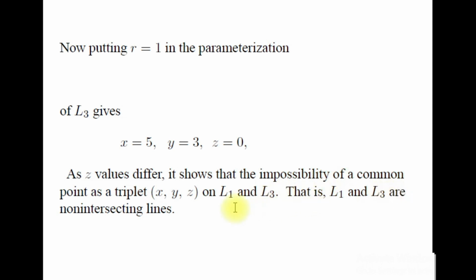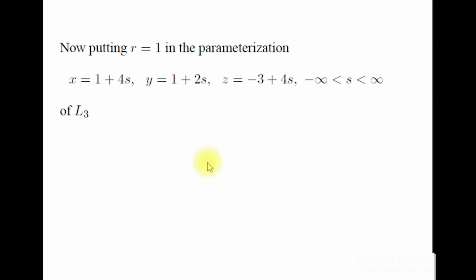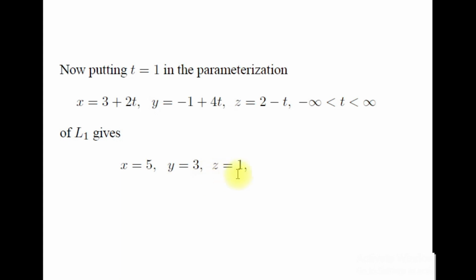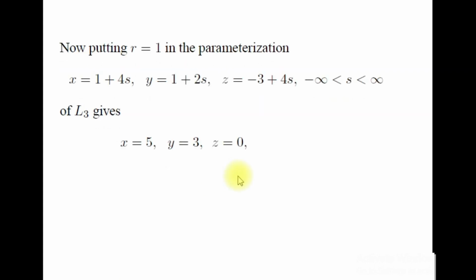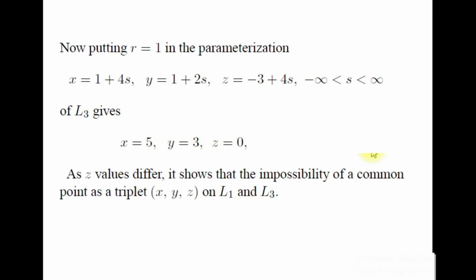Why are L1 and L3 non-intersecting? Here we have the triplet (5, 3, 1), and here we have the triplet (5, 3, 0). The x and y coordinates are the same, but the z coordinate varies. So there is no chance of intersection. So the lines L1 and L3 are non-intersecting lines.